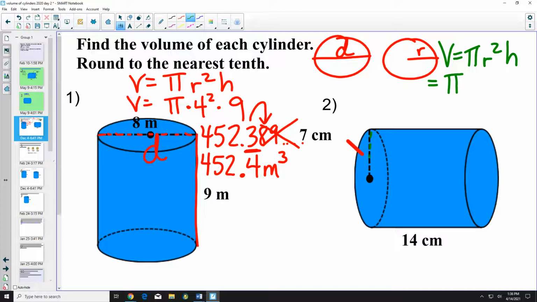Do you think 7 is the radius? Yes, because the radius goes halfway across. So we'll have 7 to the second, and h is the height. Well, it's lying on its side, but the height is 14. Okay, pull up your calculator and practice this. Take the pi button times 7 to the second times 14.